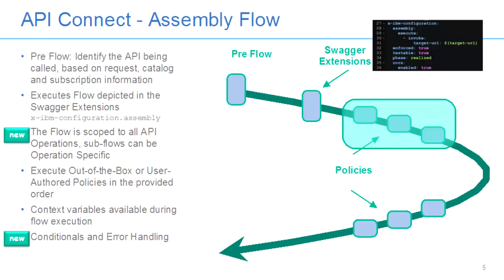Whatever you do as you define the flow, as I mentioned, gets serialized into the Swagger extensions that we have defined. So you're going to see under the code view that the entire flow, with every policy that is going to be executed, is clearly depicted: in what sequence, what error handling, what type of conditionals, all of that will be very clear in source format.